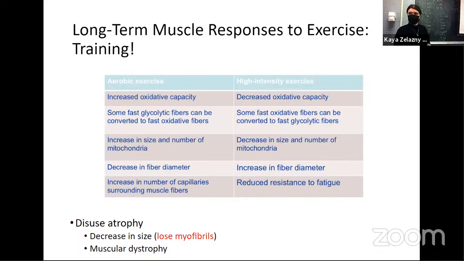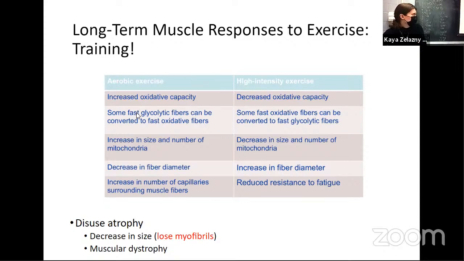Finally, we can convert our different types of fibers. Okay, so in aerobic exercise, we increase the oxidative capacity, right? As we practice doing these long activities, like running a marathon or something, you can actually convert some of the fast glycolytic fibers into fast oxidative fibers.